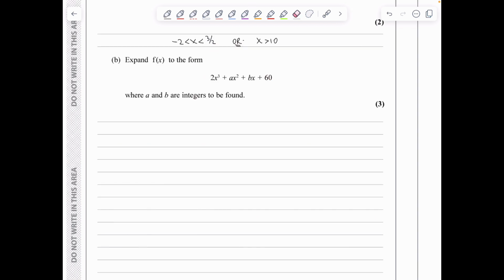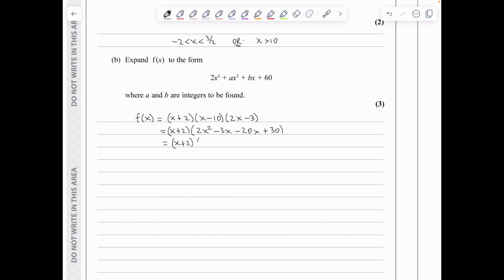In part B, we are asked to expand f(x) to the given form. a and b are integers to be found. So starting with f(x) given in the factorized form, I will keep the x + 2 and I will expand the last two brackets. So I get 2x squared minus 3x minus 20x plus 30. I will collect the like terms within the second bracket.